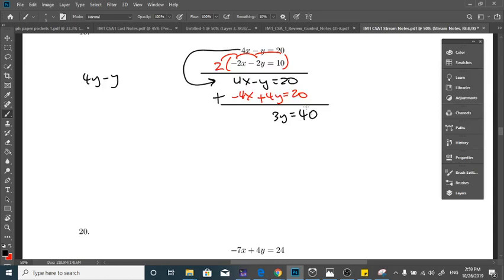And then we end up with, I feel like this was supposed to have 30 somewhere. Oh well. Then we get 40 over 3.